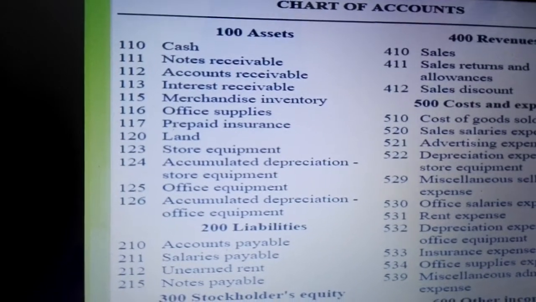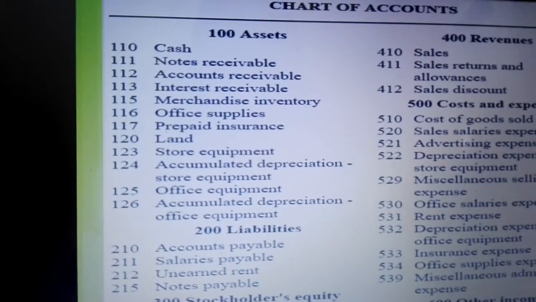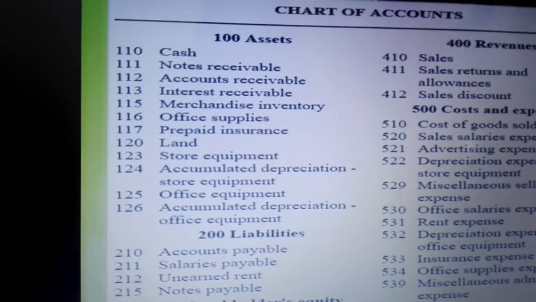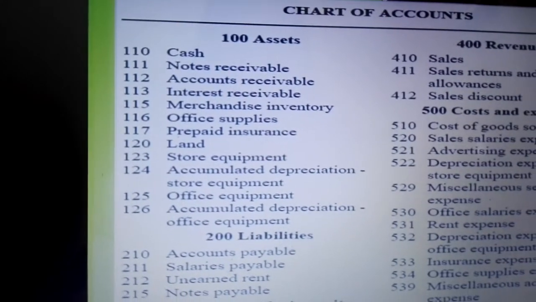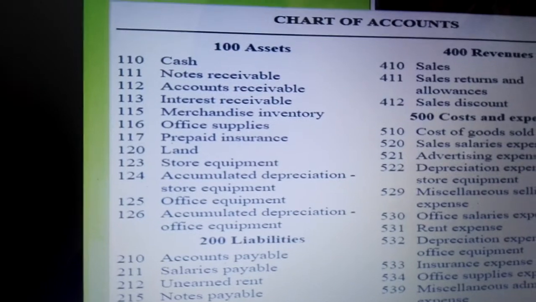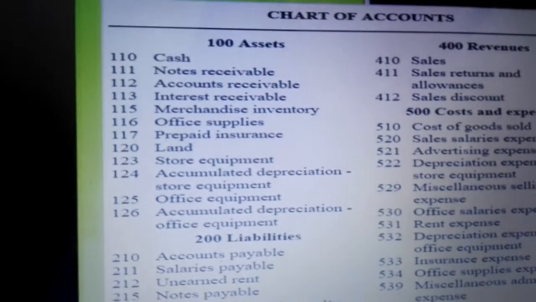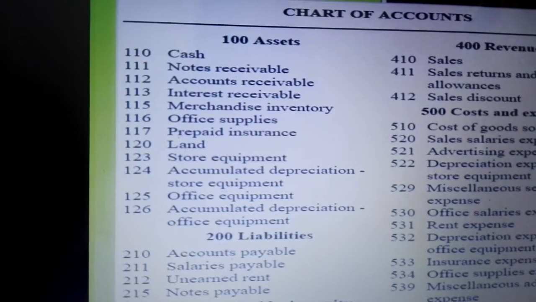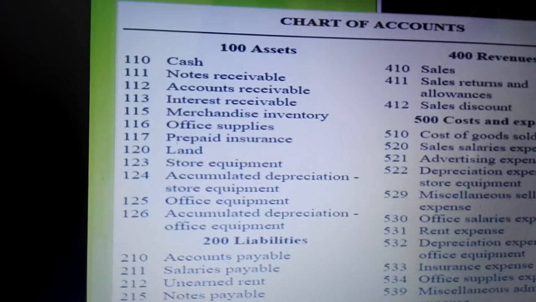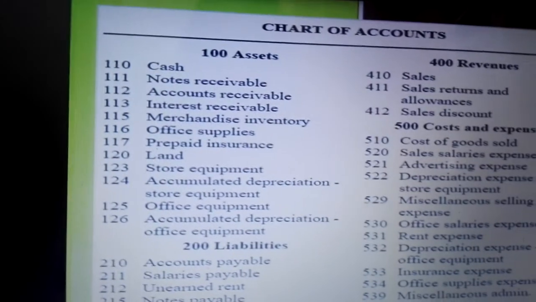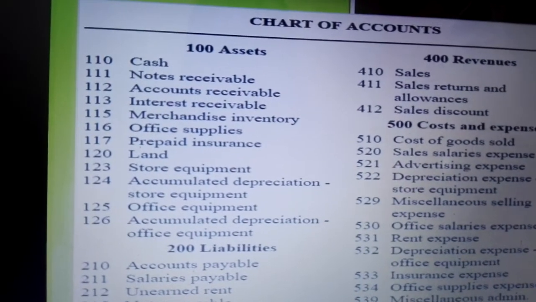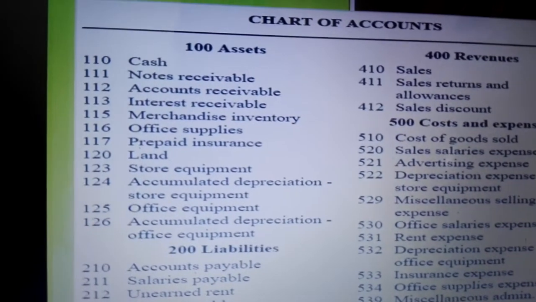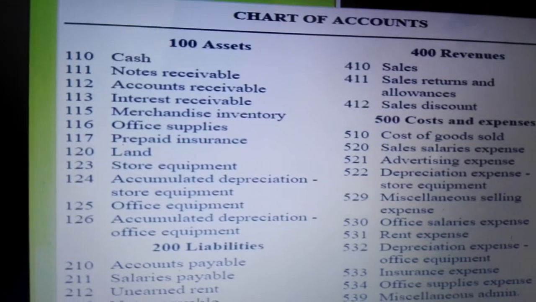Notes receivable. When you say receivable, this is the expected claim of the owner of the business from the client. And when you say notes receivable, there is a promissory note or a signed paper wherein the client agrees that he or she will pay the liability on your part as the owner.